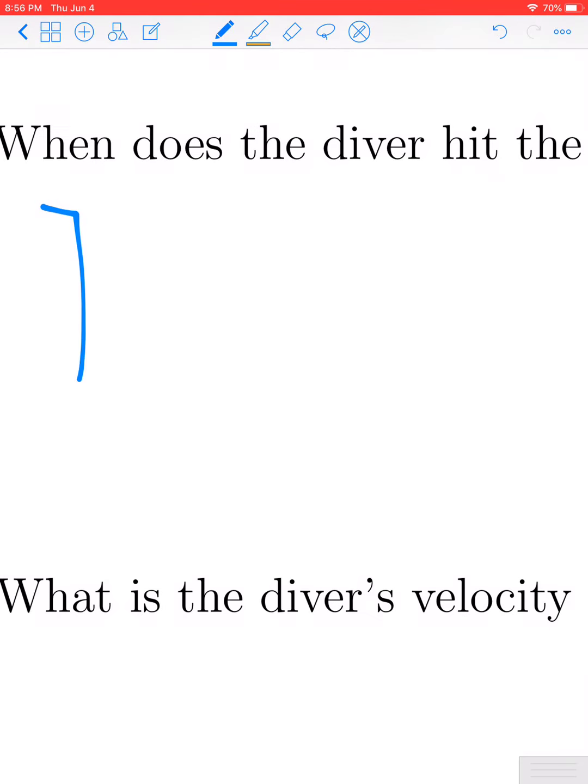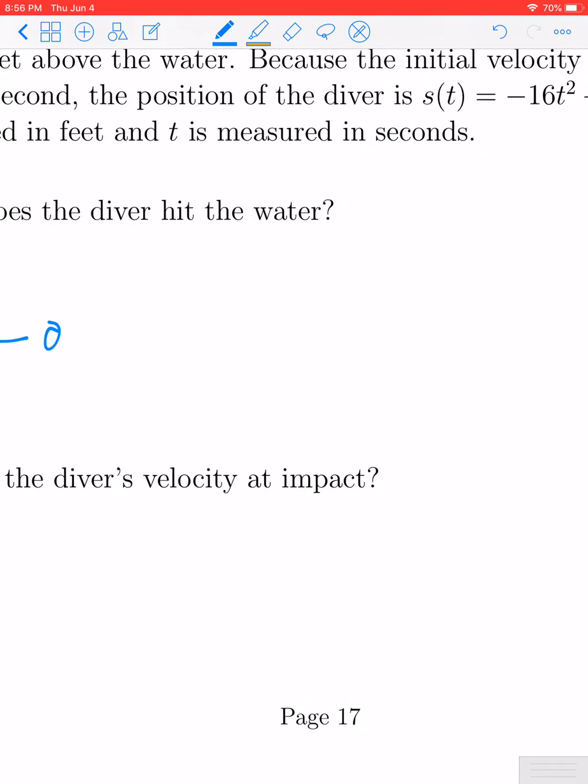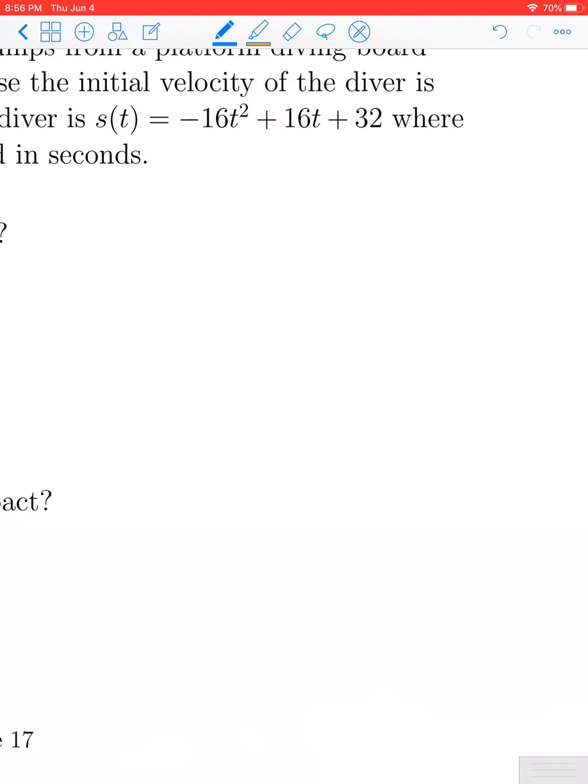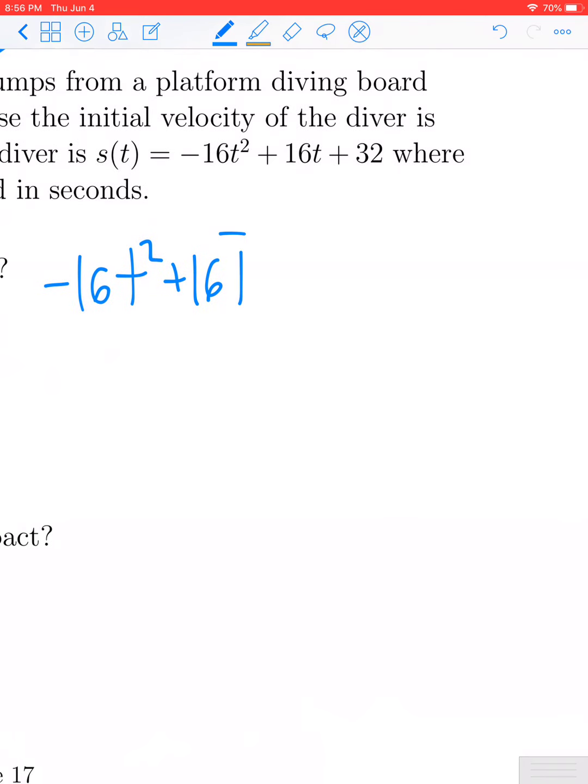Whenever they hit the water, that's going to correspond to the height being equal to 0. So we need to set the position function equal to 0 and solve. We want to know when negative 16t squared plus 16t plus 32 equals 0. This is a quadratic equation.